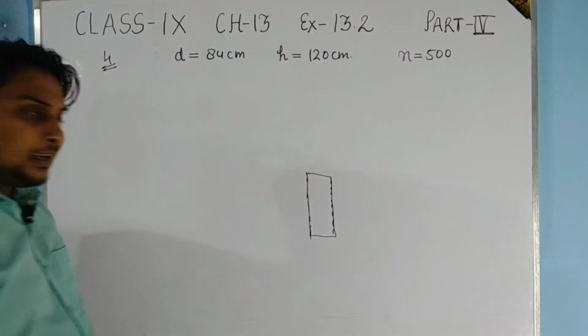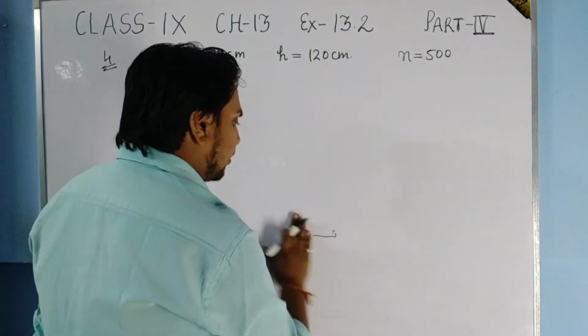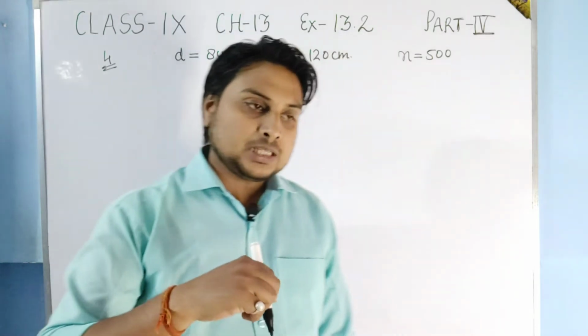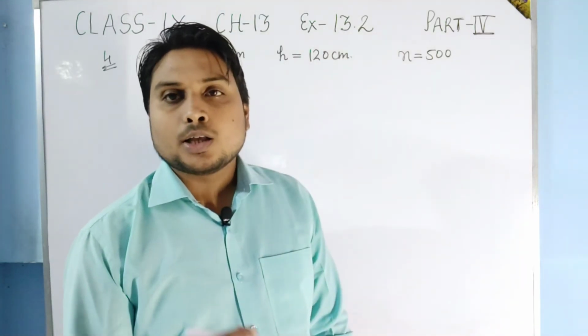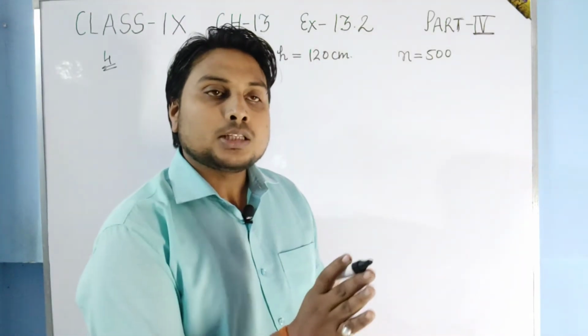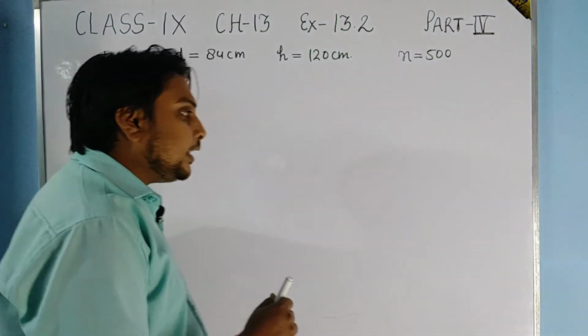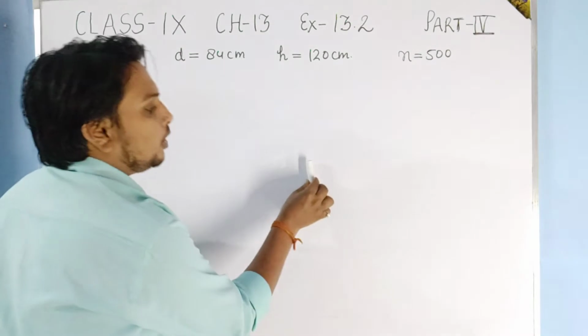Okay, in the same manner, when a roller completes one revolution, it will level some area of the playground. Okay, and that area will be equal to what?